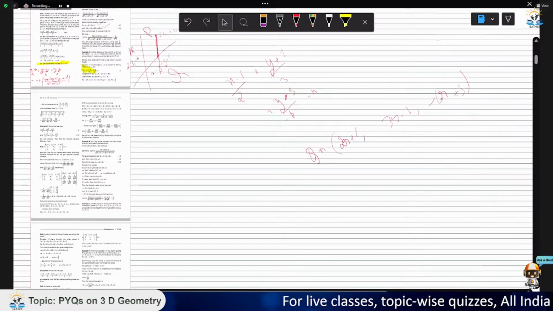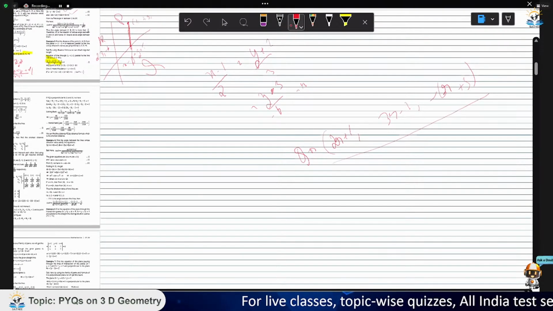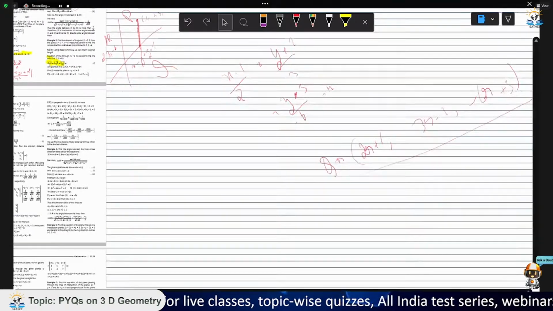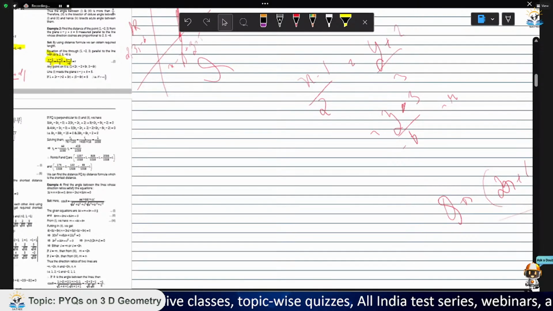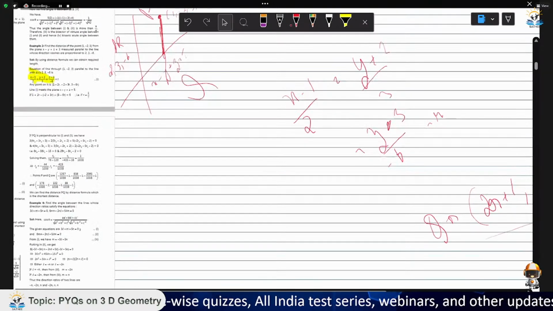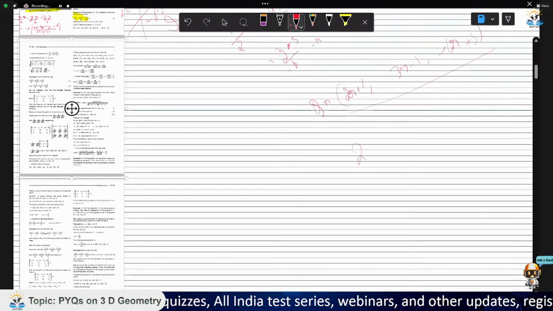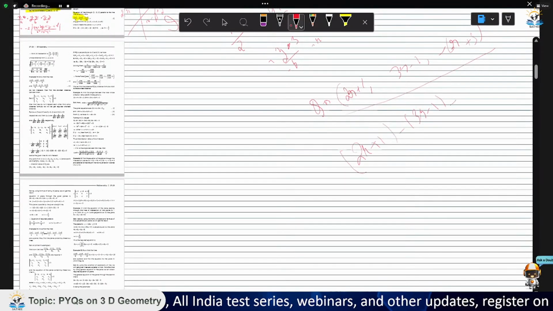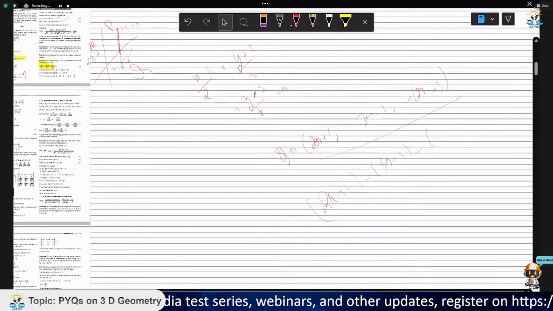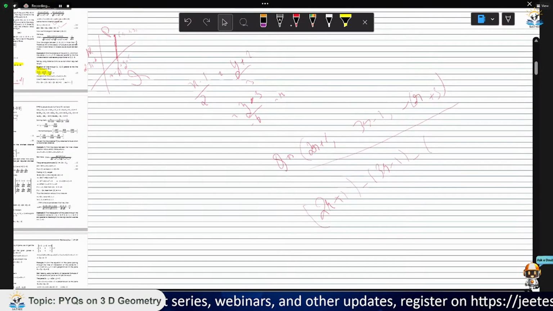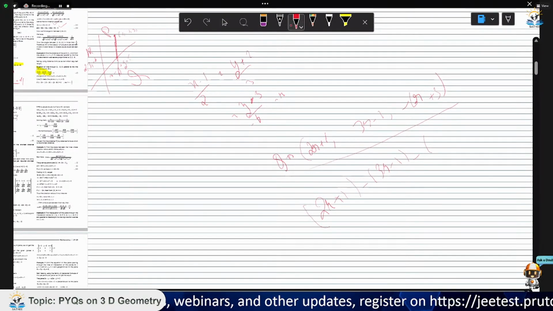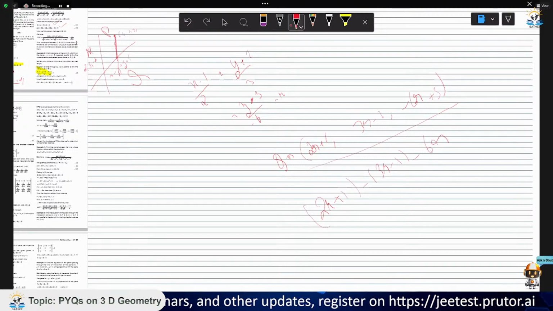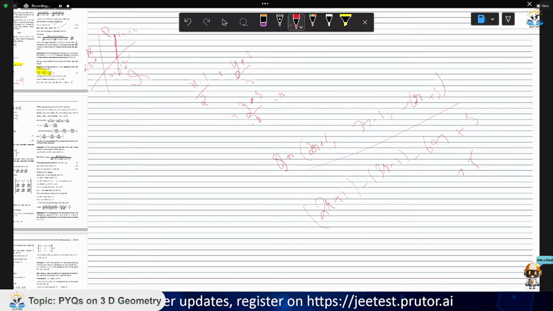And now we have to simply put them in the plane. The plane is x minus y plus z is equal to 5. So let us put it through there. So 2r plus 1 minus (3r minus 2) plus (minus 6r plus 3) is equal to 5.